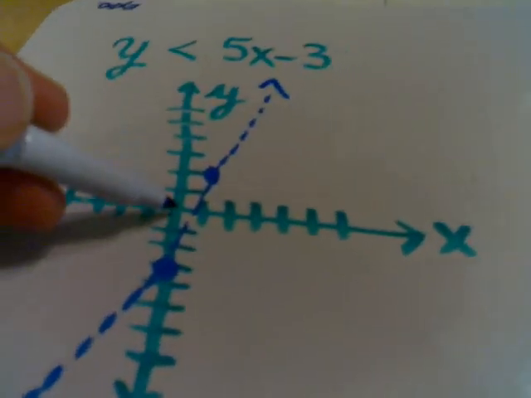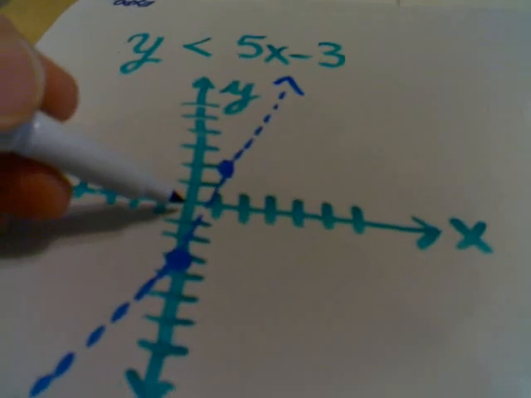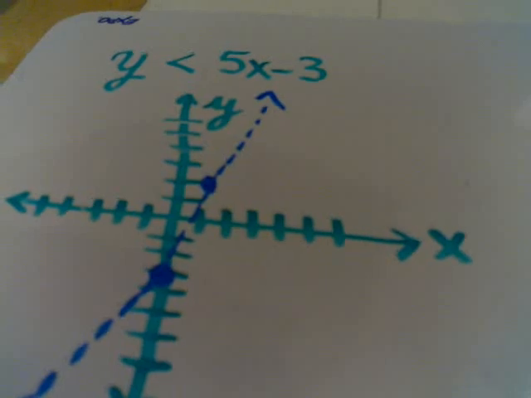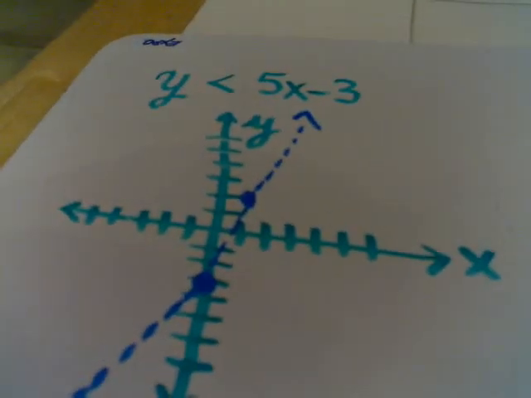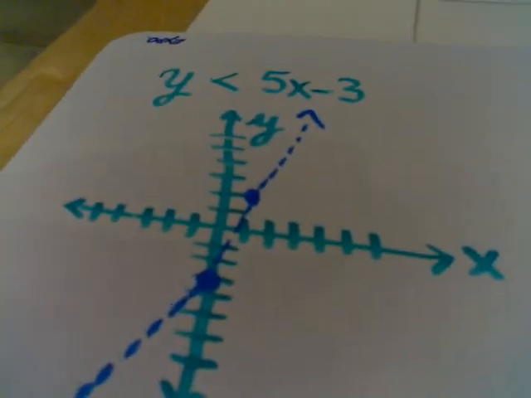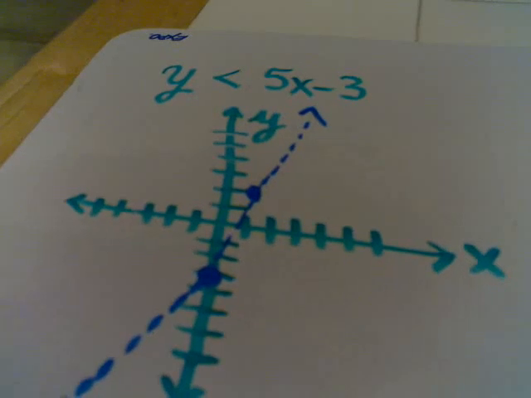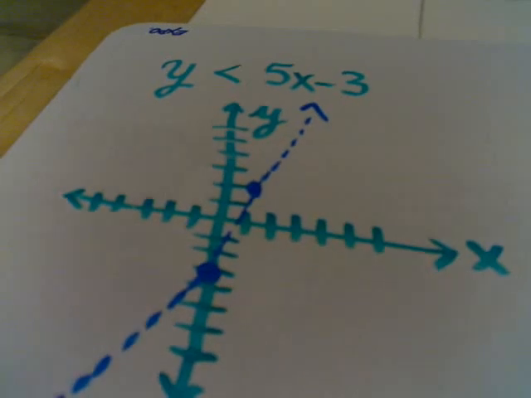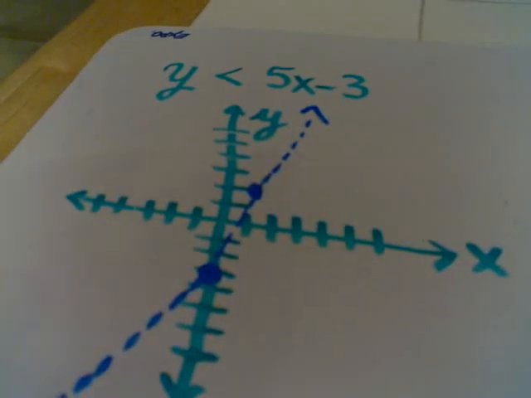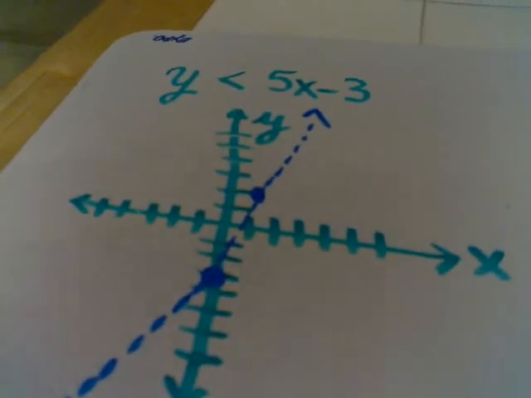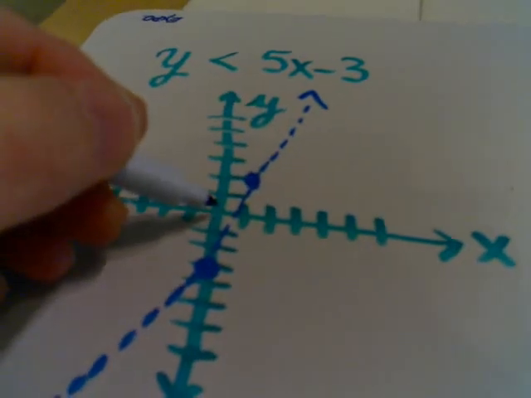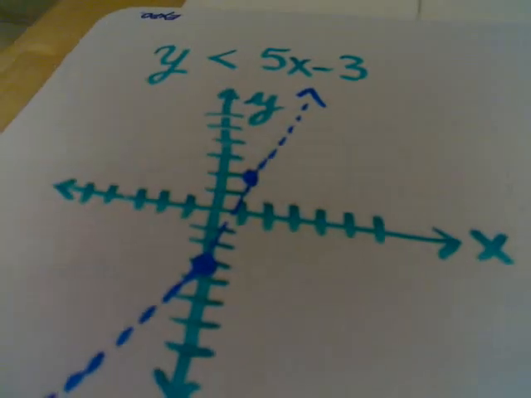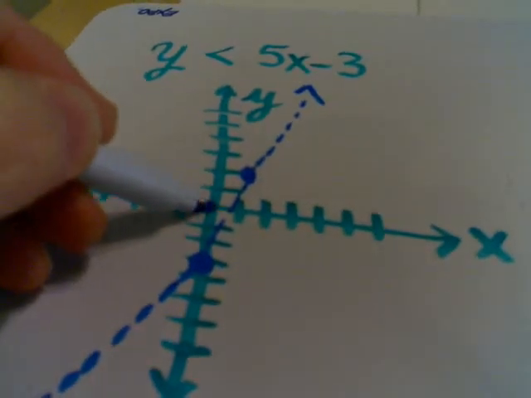The only time you can't use 0, 0 as a test point is if the line itself runs through 0, 0, in which case you should just pick a different test point. Just make sure that your test point is very clearly in some region. If you pick it too close to the line, you may be testing the wrong region. But 0, 0 to me is pretty clearly in this upper region. So we're going to use 0, 0 as a test point.